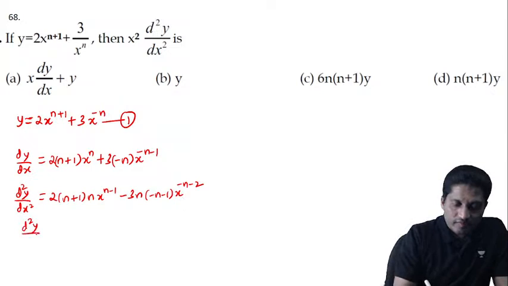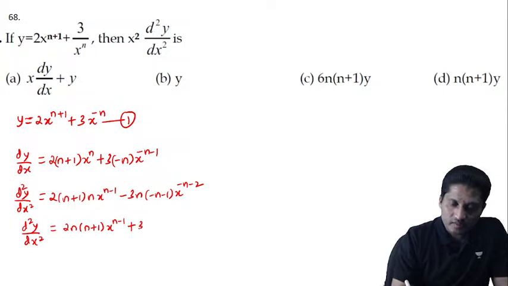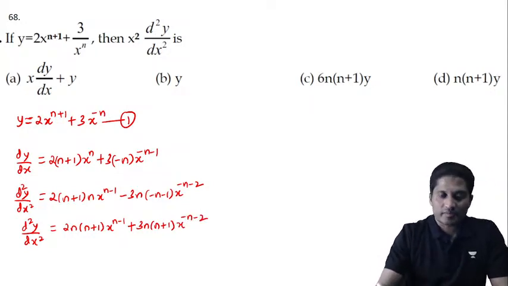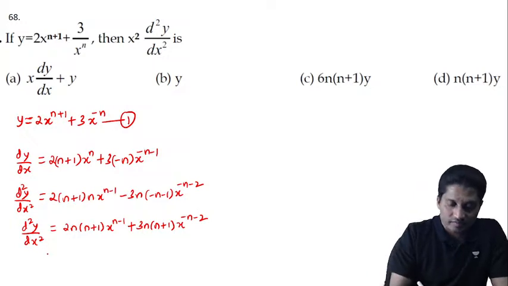Alright, now d square y upon dx square is equal to 2n into n plus 1 into x to the power of n minus 1, plus 3n into n plus 1 x to the power of minus n minus 2.